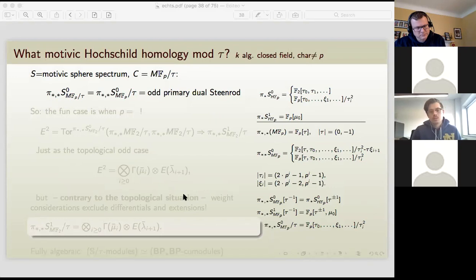And we saw a moment ago that that is the odd primary dual Steenrod algebra, of course depending on whether P is equal to 2 or not, but the formula is exactly the same as the odd primary situation.